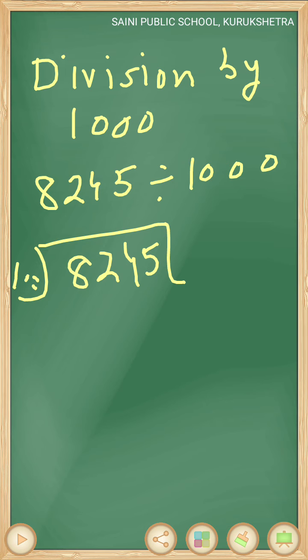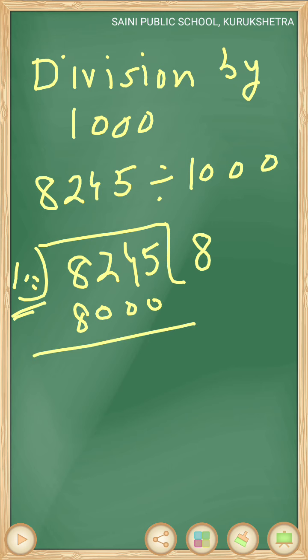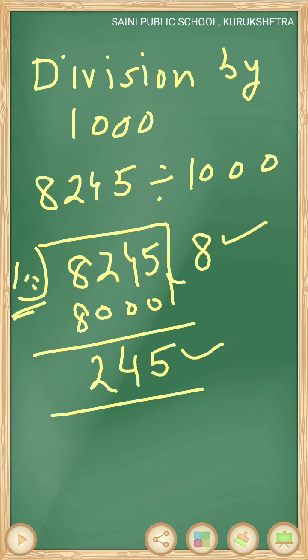Now 1000 here, 8000. When we subtract, what do we get? 5 minus 0 is 5, 4 minus 0 is 4, 2 minus 0 is 2. Now this is our quotient and this is our remainder.